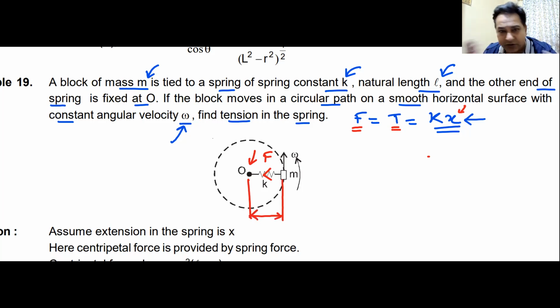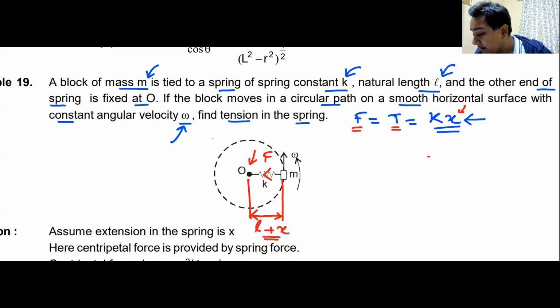That was the main point of this entire question. What is the radius of the circle now? L plus X. Yes, it is L plus X, as simple as that. And as soon as you understand this, voila, you have actually solved the entire problem.